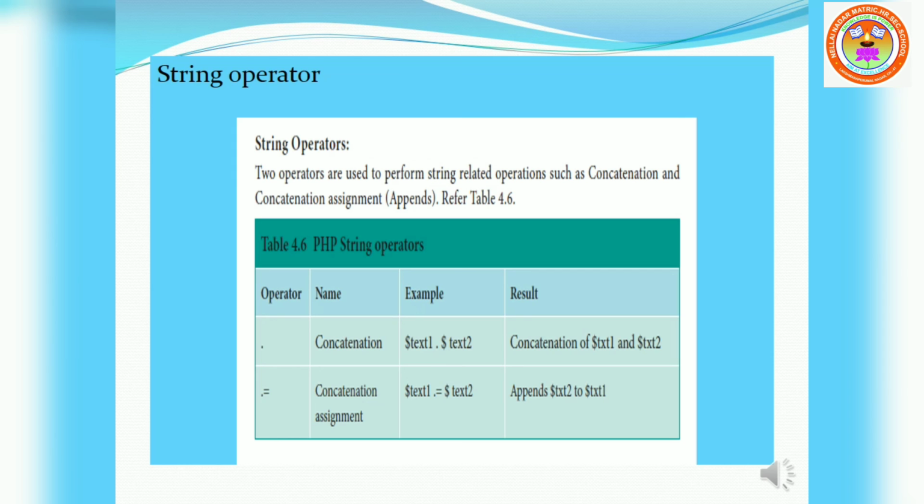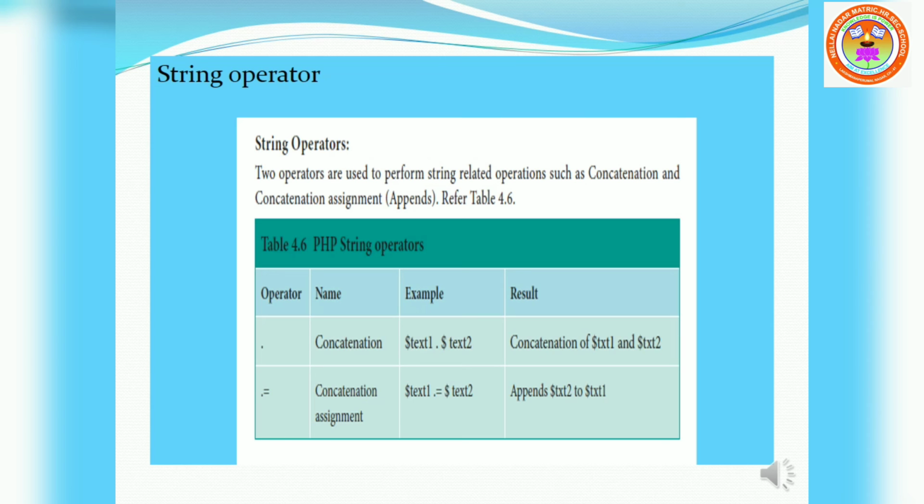String is nothing but a word. Computer is a word, another word is application. If you want to join these two words, joining them is called concatenation. Concatenation means joining two strings. String is nothing but a word.